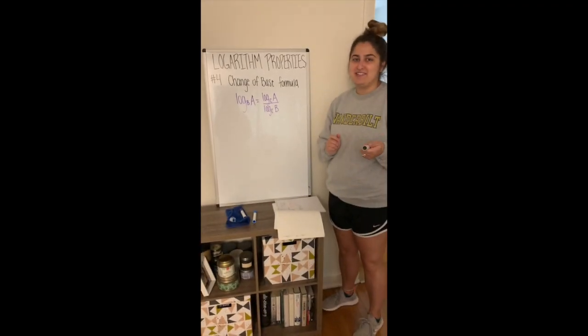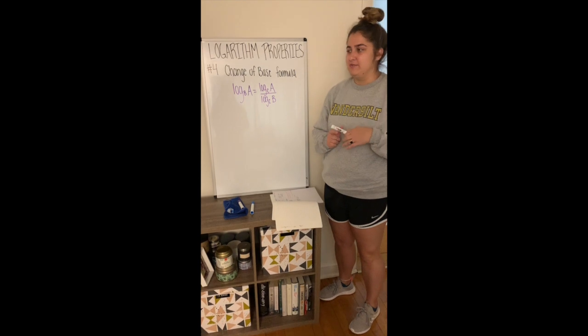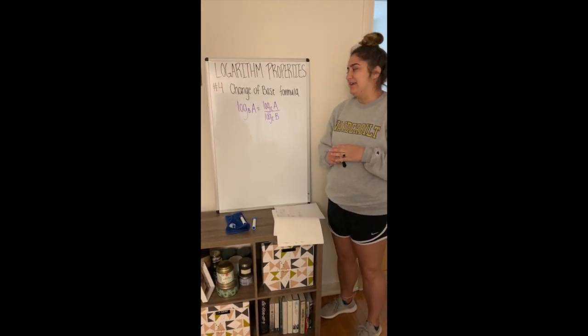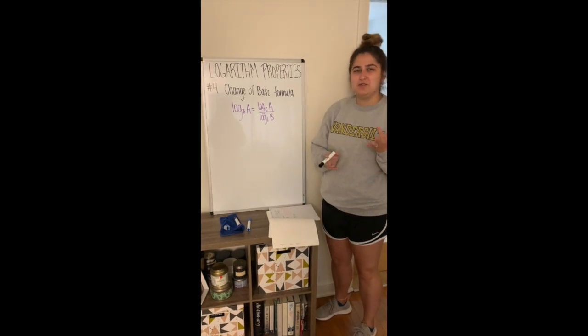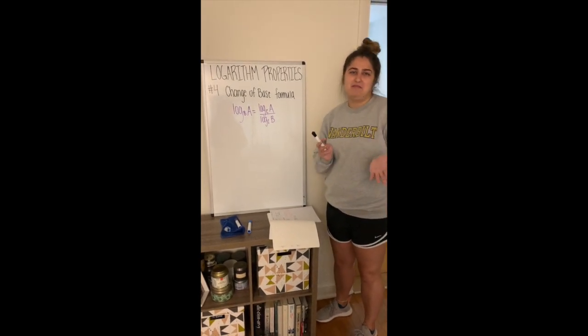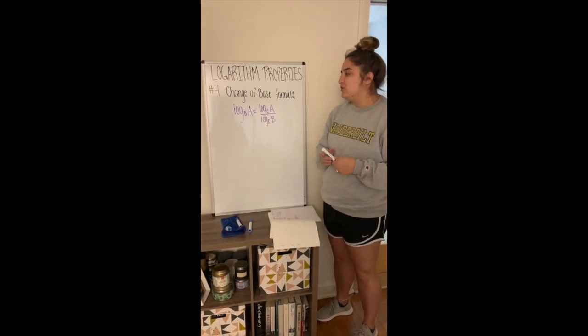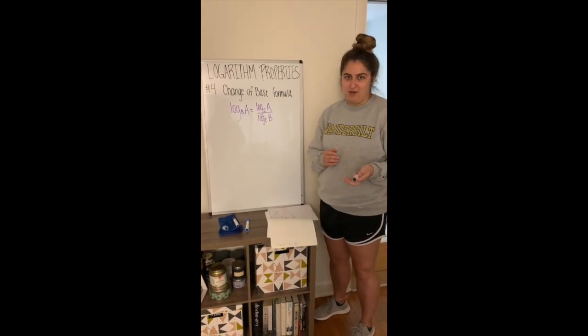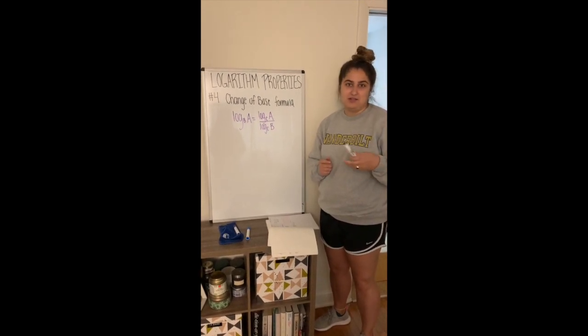So the last logarithm property that we're going to learn is called the change of base formula. It's our fourth and final one. It's really useful when you're using a calculator, kind of useful when you're expanding and condensing, but more useful when you're using a calculator. So if you look at your calculator, or even on your phone, that also has logs on it.